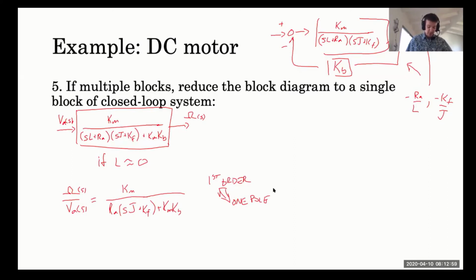So remember that a pole of a transfer function is an S value that makes the denominator 0. So our job now is to rearrange this denominator to find the S value that makes it 0. I think if I can factor the denominator, I can make it look something like this.